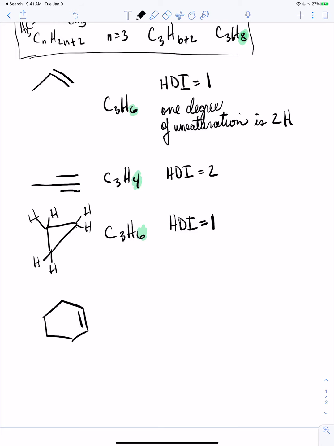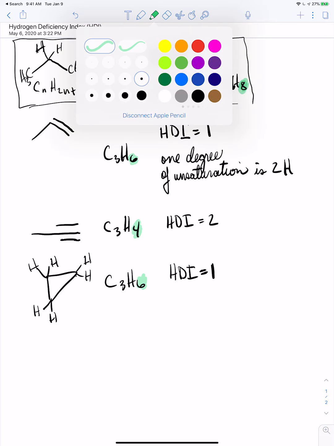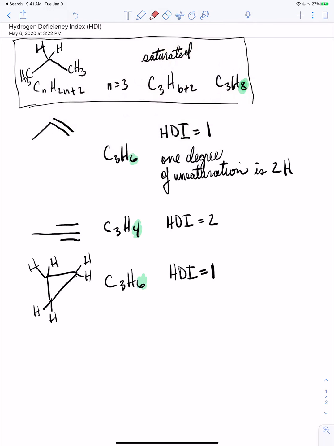If we look at something that's got a ring and an alkene in it, sorry, let me lead into that a little bit better. What we see here is, if we're trying to understand what the HDI tells us, molecules with a double bond have 1 degree of unsaturation, or a hydrogen deficiency index of 1.